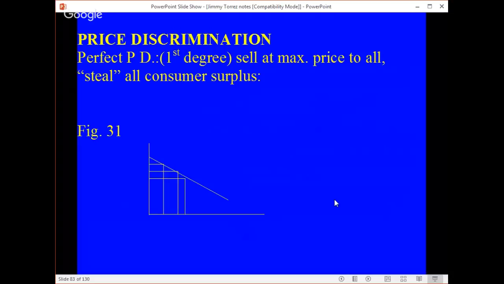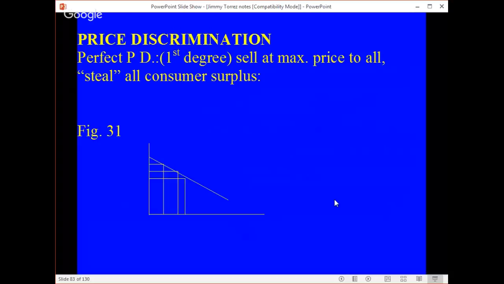So basically, this part is consumer surplus for that first consumer, and if I can first degree price discriminate, I can take away all of his consumer surplus. So I basically transfer with first degree price discrimination all the consumer surplus to the producer, right? And all that consumer surplus is added to the firm's profit.